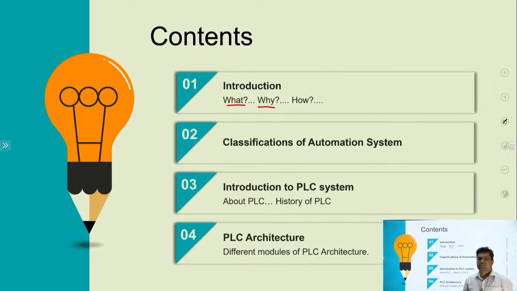So in the automation system, what, why and how, I will cover here. Then I will discuss the most important part used in the industry, that is the classifications. If we know what an automation system is, then how we classify it, that is the classifications part of the automation system.